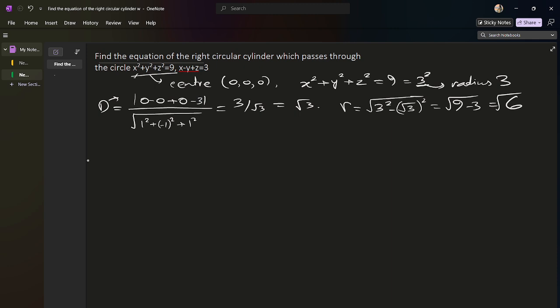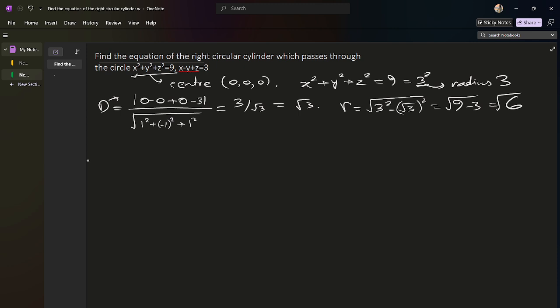Now we have to determine the direction of the cylinder's axis. The axis of the right circular cylinder must be perpendicular to the plane of the circle. I am repeating that.